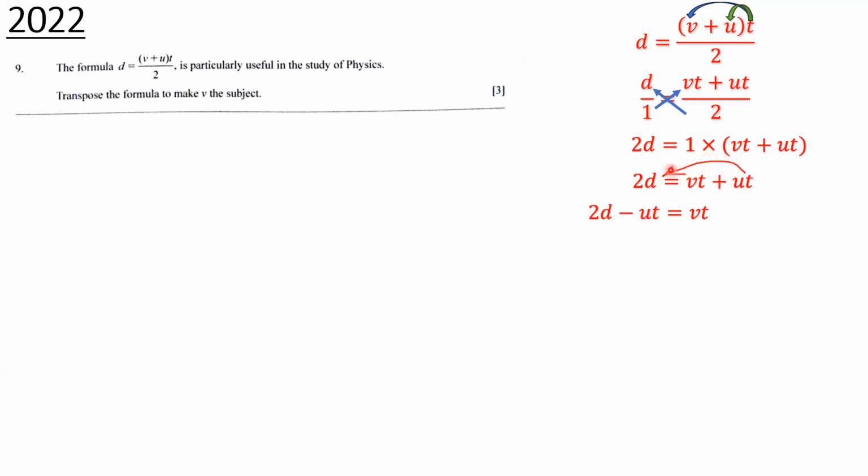When we send it over the equal sign, it becomes negative UT, because the sign changes when you send a term over the equal sign. So we have VT equals 2D minus UT.